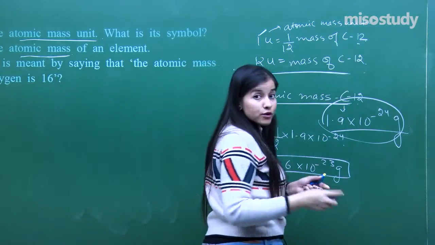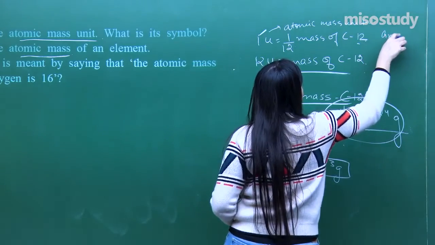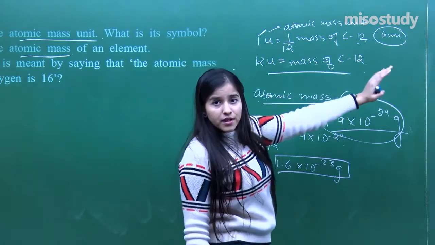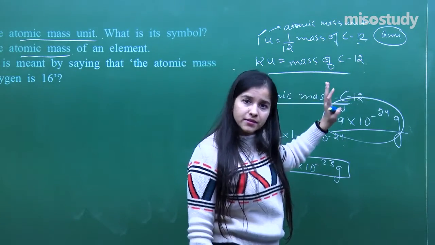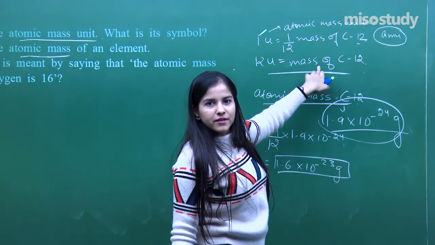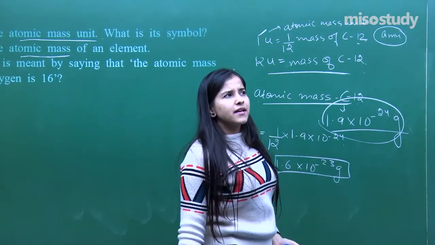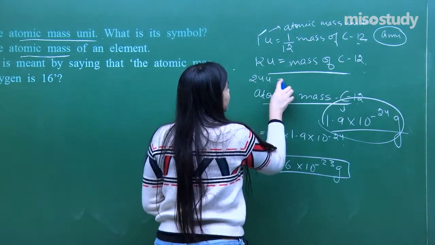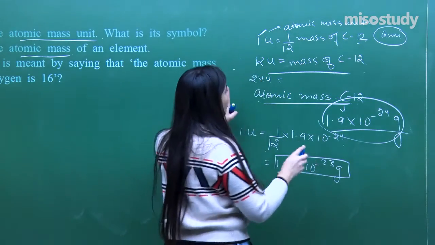Usually these days not AMU, but we call it as u. That's it. Units. 12 units, that means mass of the carbon 12. If we talk about any other element, let's say magnesium, 24 units it is. That means how much?